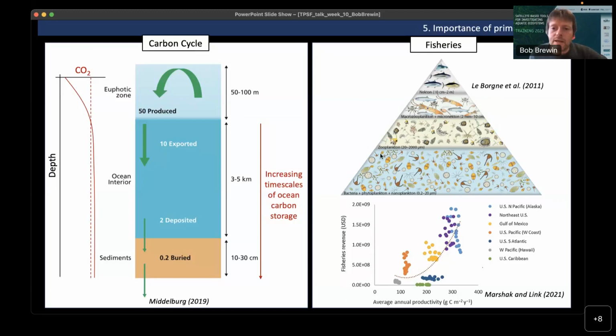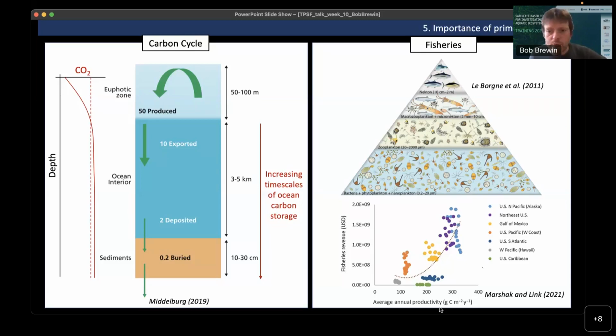But ultimately, the production by phytoplankton at the very base is critically important for sustaining the entire marine ecosystem. And this is all the way through to humans through the seafood we eat.